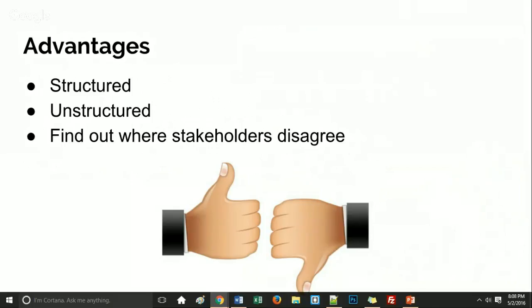The interview can develop however the interviewer would like. The interviewer would ask a few leading questions, and then they can choose where to go based off of the responses they receive from the interviewee. And using both allows the interviewer to get the most information, and the most useful information, from their interviewees.